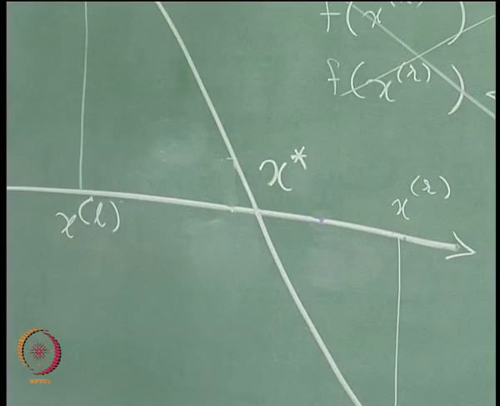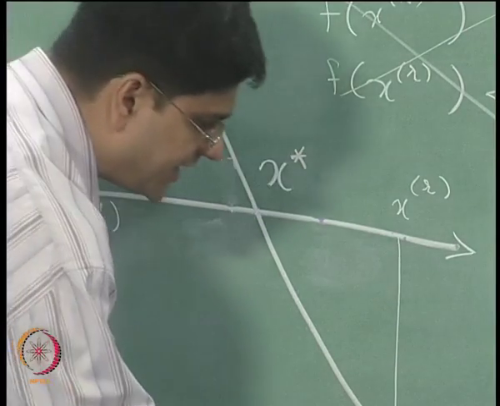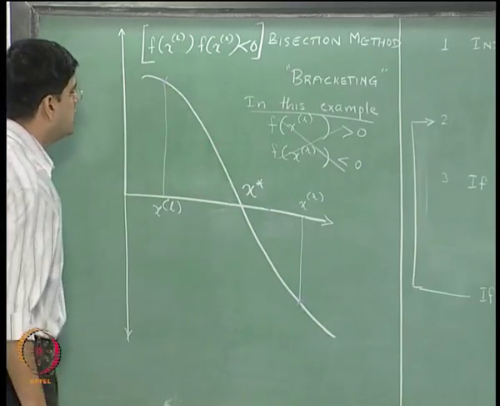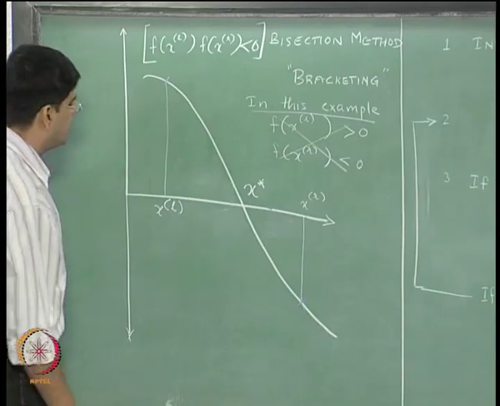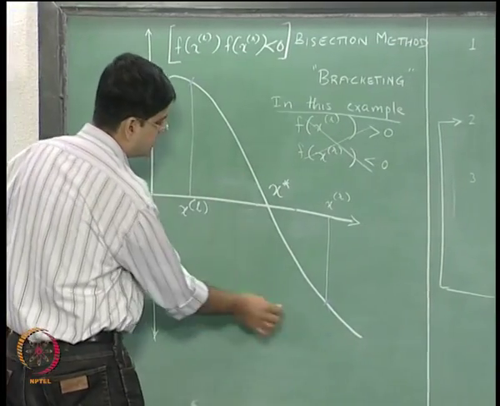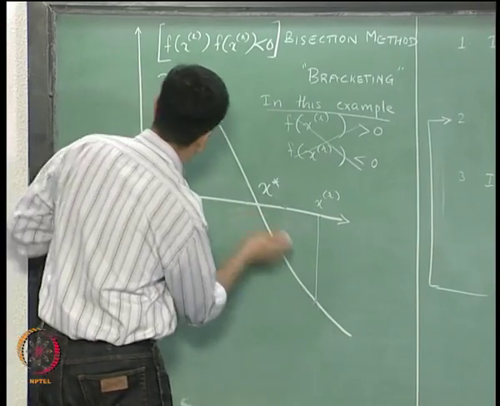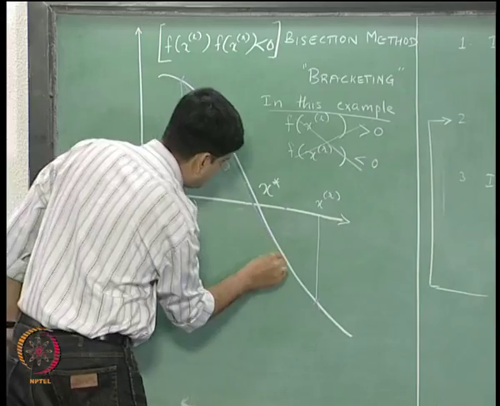The other alternative to do this is essentially to draw a straight line connecting these points, and find out the point at which that straight line intersects the x axis. So we will take this and we will draw a straight line.